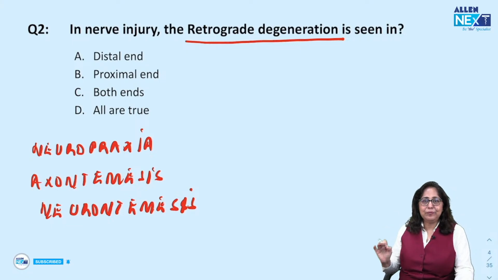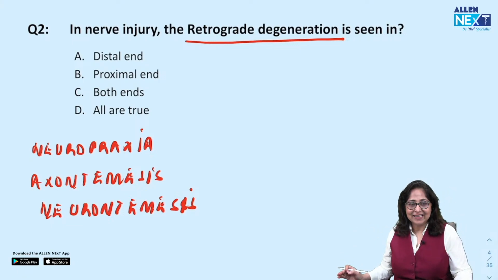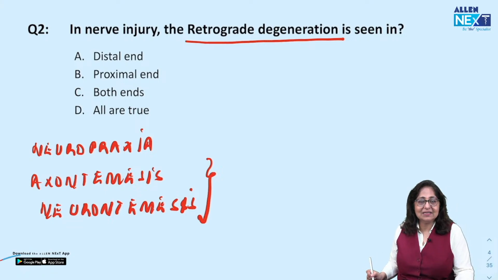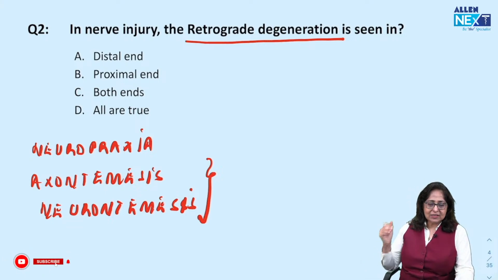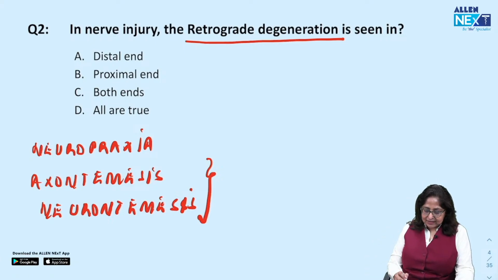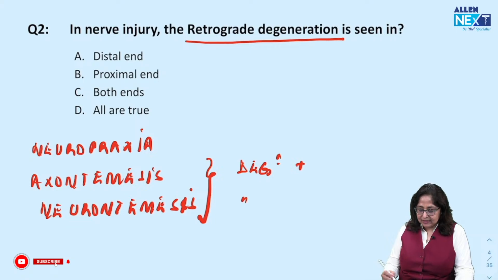Neuropraxia is a temporary disruption of function, but degeneration will be seen in axonotmesis and neurotmesis. What is the major difference between axonotmesis and neurotmesis? In both we will see degeneration, yes, but in axonotmesis, neurilemma is intact.